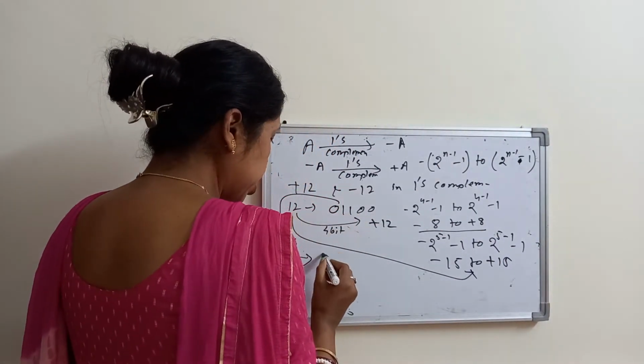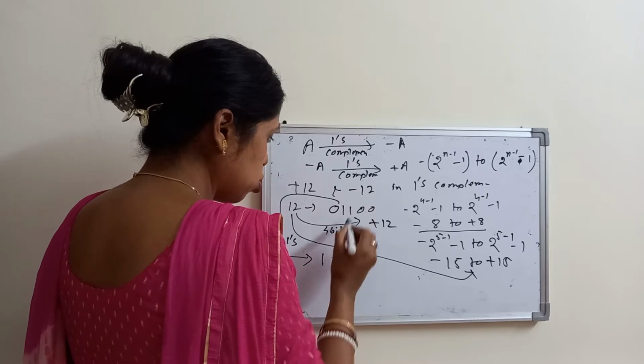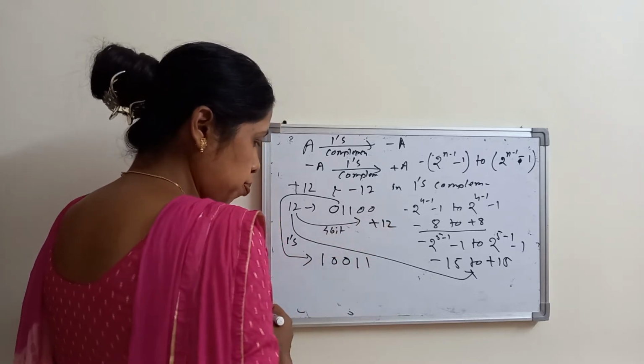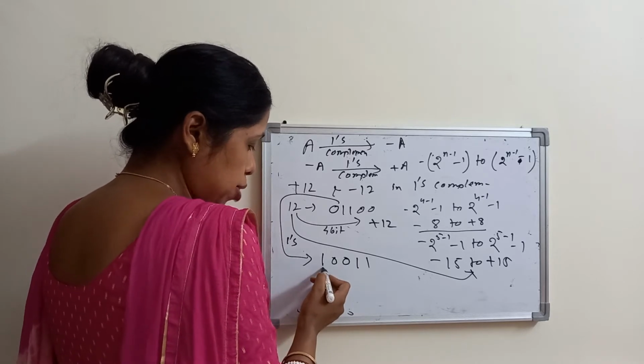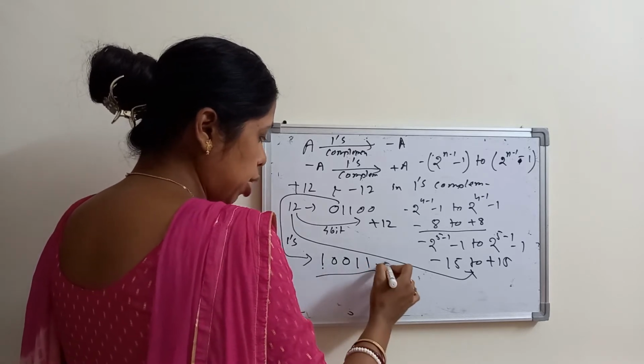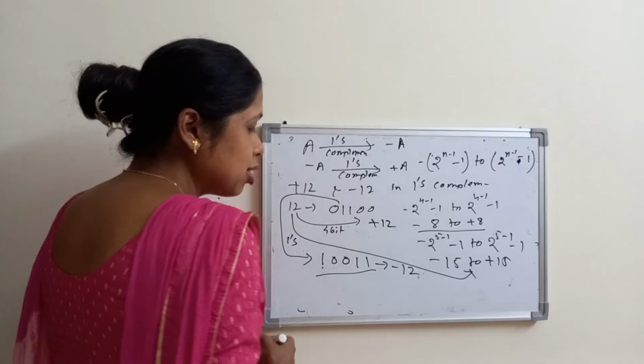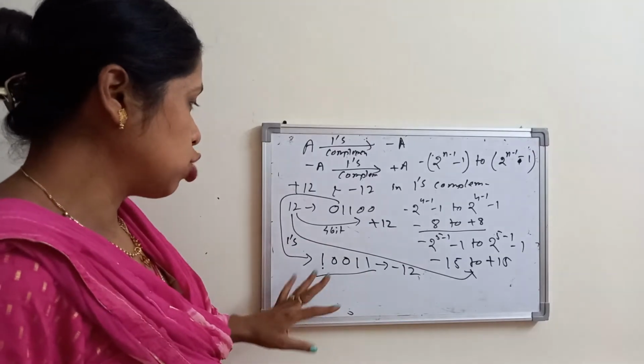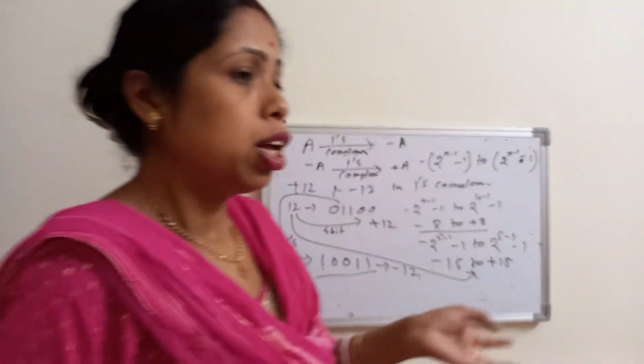So 0 should be written as 1, 1 should be 0, again 1 should be 0, and the last 1 becomes 1. Now you can see the MSB is 1, so this entire number is minus 12. In any format, the MSB should be 1 for a negative number.